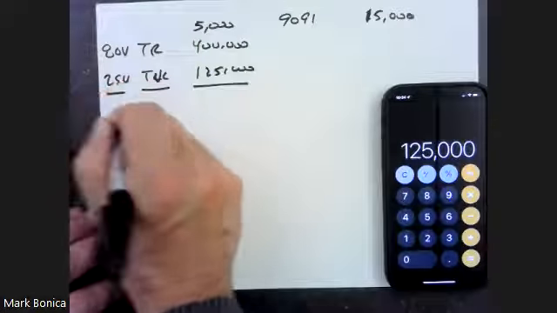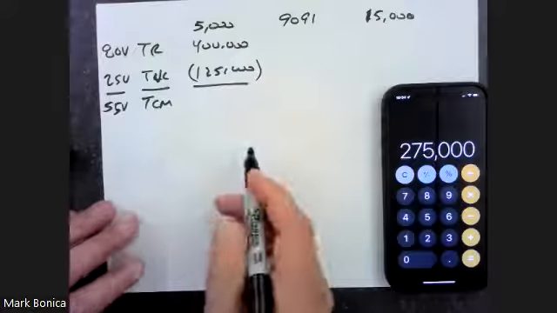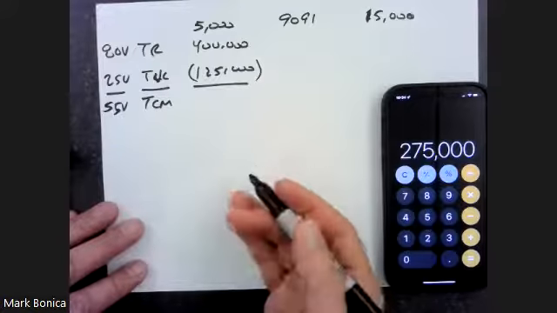Our contribution margin is 55V. So our total contribution margin, you could say, all right, 55 times 5,000 is 275, or you could say 400 minus 125 is 275. You're going to get the same answer either way.